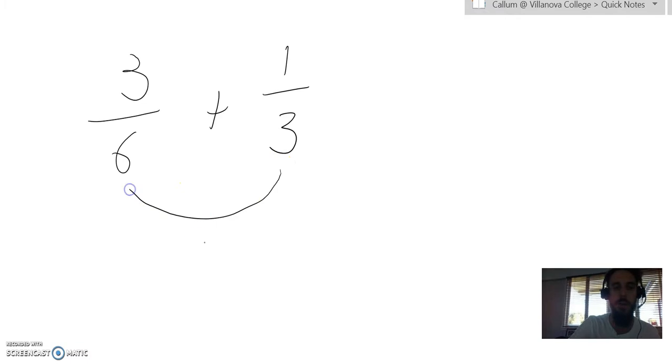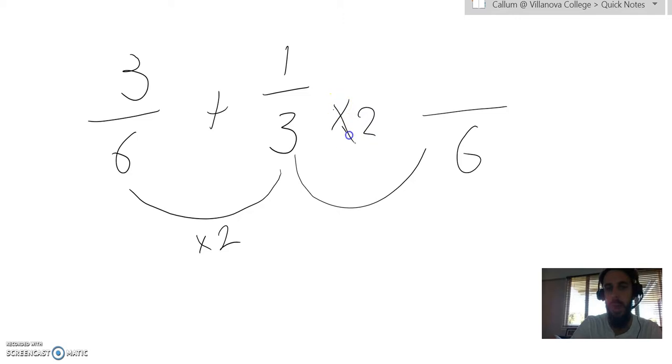And I know that if I do 3 multiplied by 2, that'll get me to 6. But in fractions, if you multiply a denominator or do anything to a denominator, you have to do the same thing to the numerator as well. So because I'm taking my 1/3 and I'm multiplying the denominator by 2 to get to 6, I also have to multiply the numerator by 2 to get to 2/6.